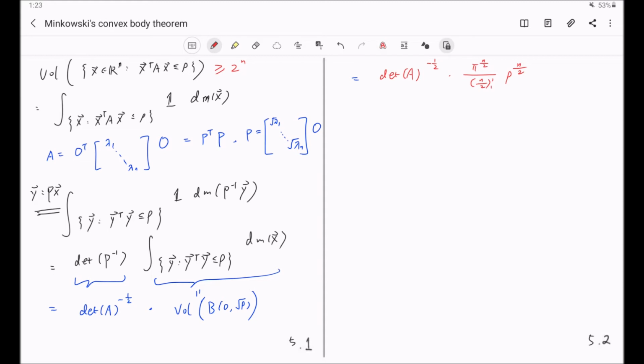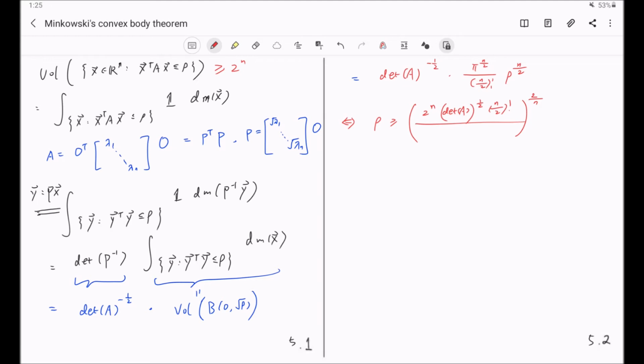And the natural question would be, what is our minimum choice for rho? From here, we solve this inequality for rho. Rho will be greater or equal to, so here we take the power 2 over n of this very complicated thing.